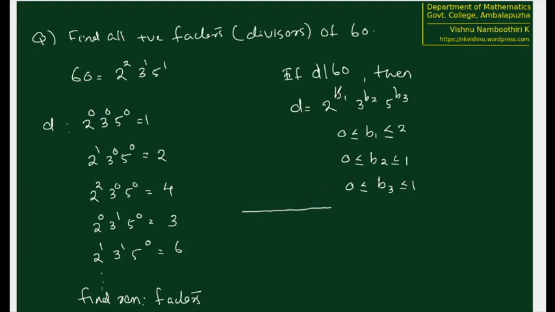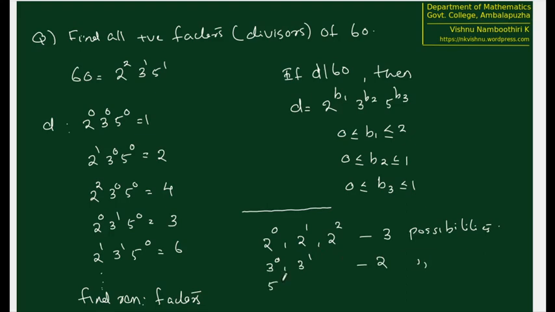We know that 2 has 3 possibilities: 2 to the power 0, 2 to the power 1, 2 to the power 2. Therefore there are 3 possibilities for powers of 2 to appear in the product. For the powers of 3: 3 to the 0, 3 to the 1, therefore there are 2 possibilities.